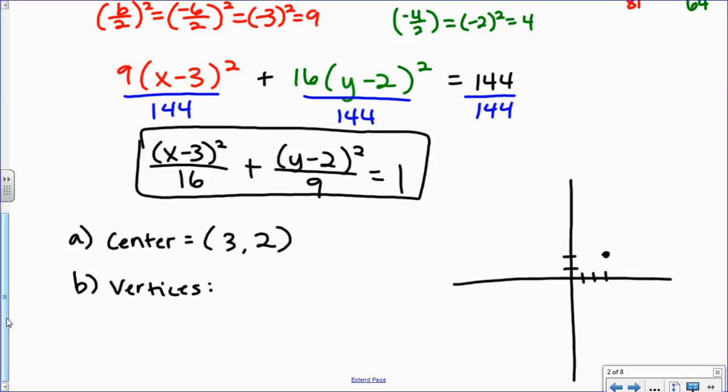I need my center and then I need A and B so I can find the distances. So Susan, what would A be? If A squared is 16, good. And then B would be 3. A is 4, B would be 3.